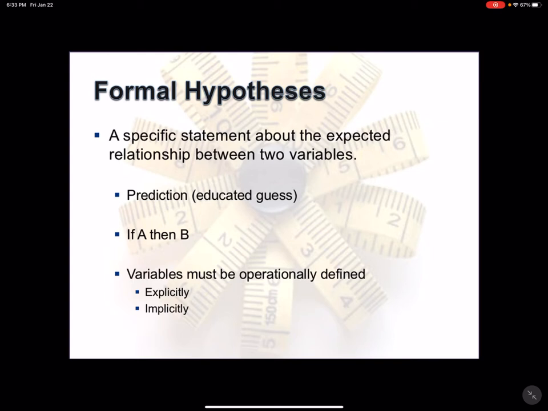A formal hypothesis is a specific statement about the expected relationship between 2 variables. It's a prediction, an educated guess. If A, then B. The variables must be operationally defined, explicitly and implicitly.